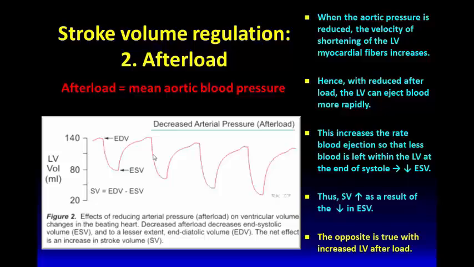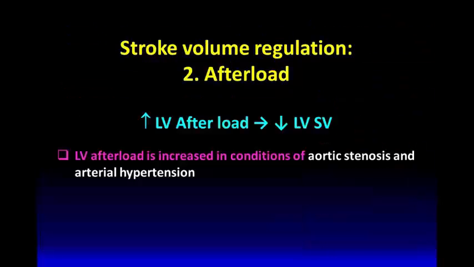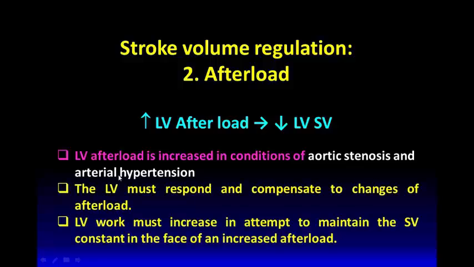The opposite is true when left ventricular afterload increases. Thus, an increase in left ventricular afterload decreases left ventricular stroke volume, because the left ventricular end systolic volume would have increased. This happens in conditions of aortic stenosis and systemic arterial hypertension, where the left ventricle must respond and compensate to changes of the afterload.